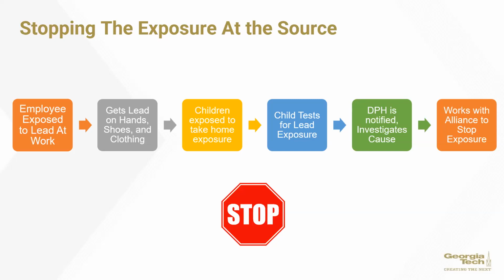And so when that happens, one thing you should be aware of is that the Department of Public Health would be notified, and they have to investigate a cause. So we have an alliance between the Georgia Tech OSHA consultation program, the Occupational Safety and Health Administration, and the Department of Public Health to really help cut that cycle down and stop that exposure from happening, by making that link between work-related exposure and a child.